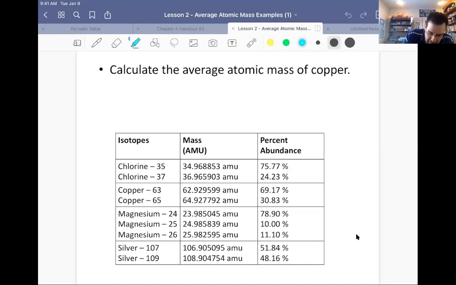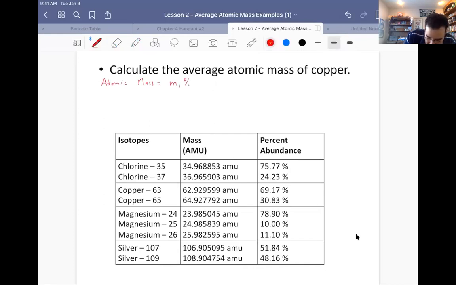Okay, so the first thing that we would want to start with here is the equation. Atomic mass equals m1, sorry about that, I'm writing sloppy here.